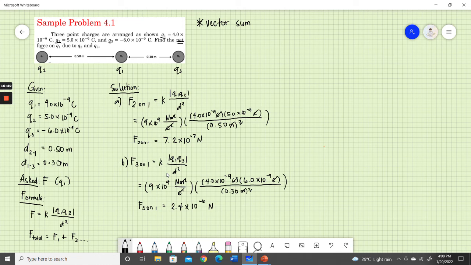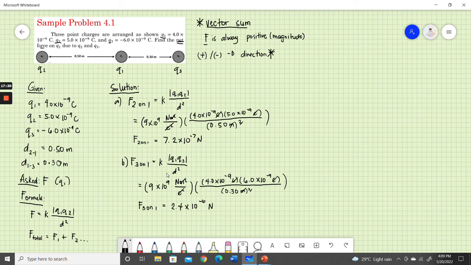In vector quantities, F is always positive when we're talking about the magnitude. But the sign, positive or negative, that we add on F is talking about the direction. And since this is a vector sum, we have to consider the direction before adding these values.